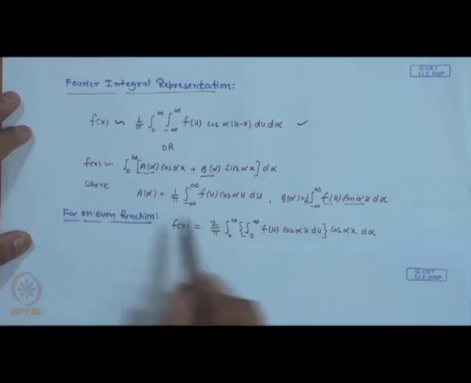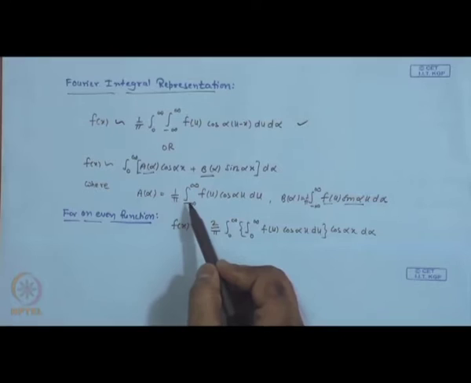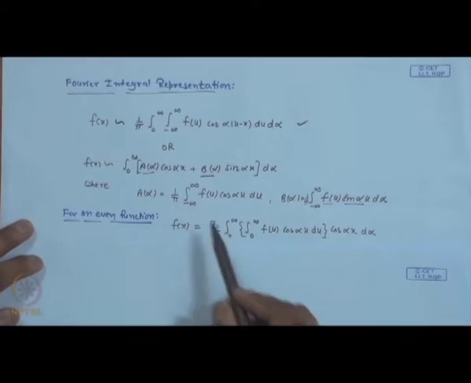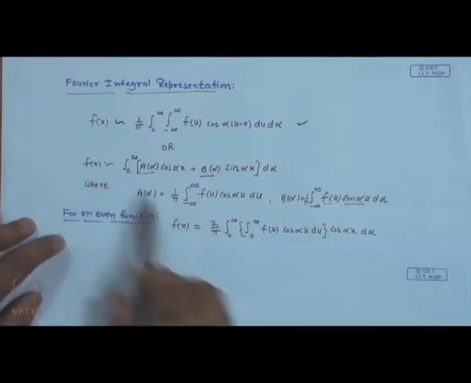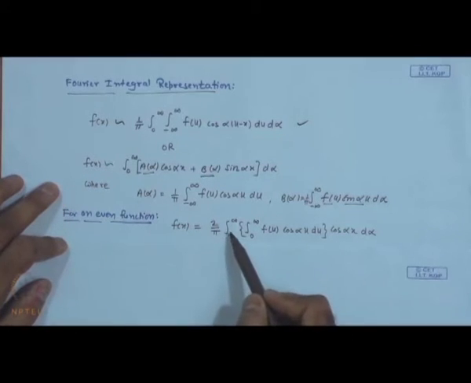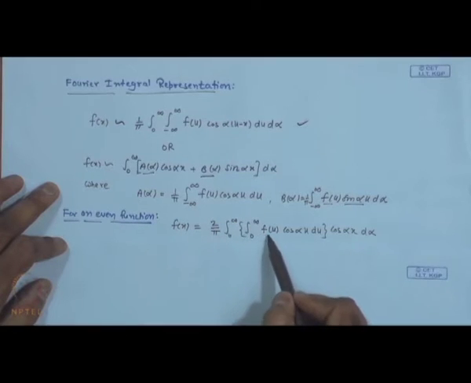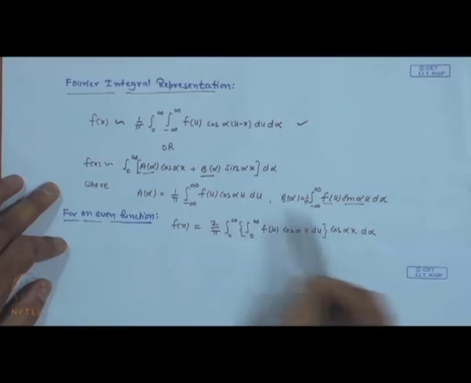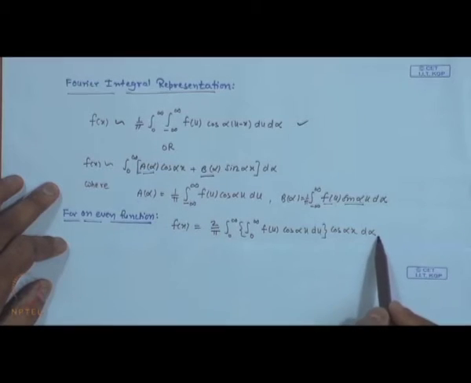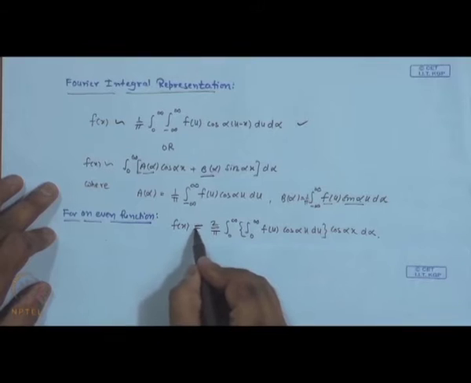In fact, a(alpha) we can also write as 2 times the integral from 0 to infinity. So at the end f(x) is 2 over pi, integral 0 to infinity, and then again 0 to infinity, f(u) cos alpha u du, and cos alpha x d alpha. So this was for the even function.